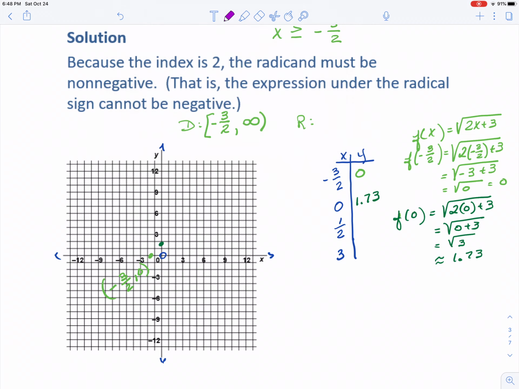And you just kind of estimate these things. The next value I chose was 1/2. And you'll see why I chose that. Now, half of 2 is 1. 1 plus 3 is 4. And the square root of 4 is 2. So 1/2, 2 is right about there.